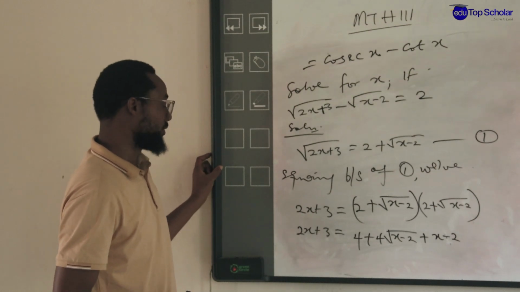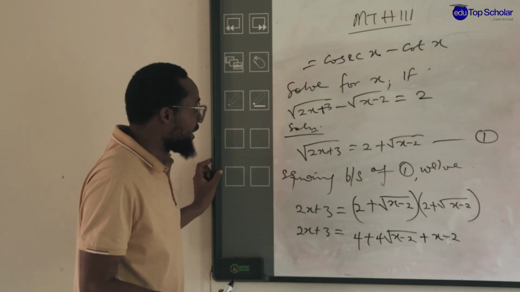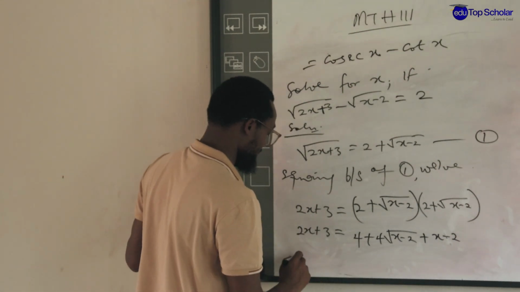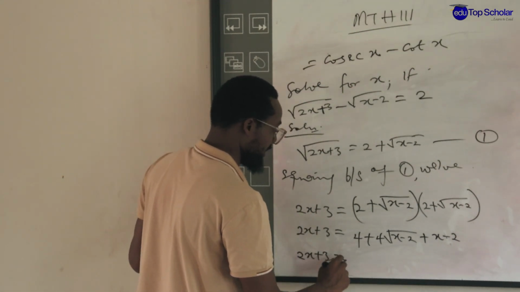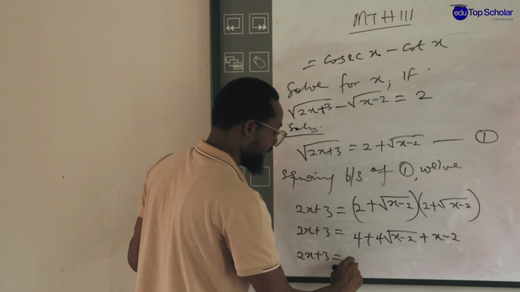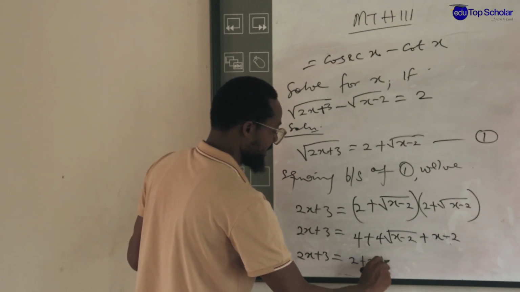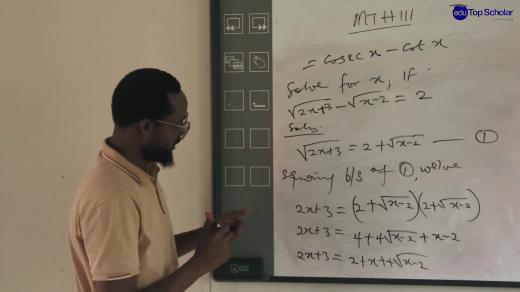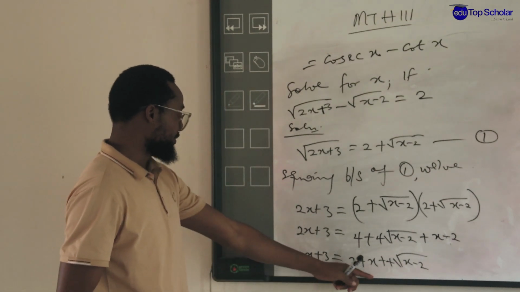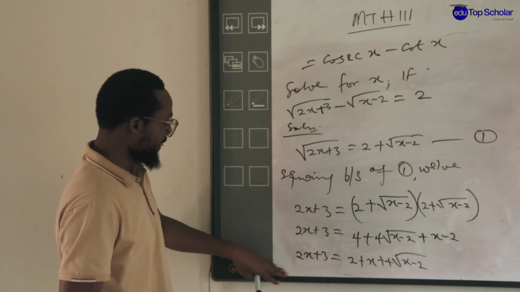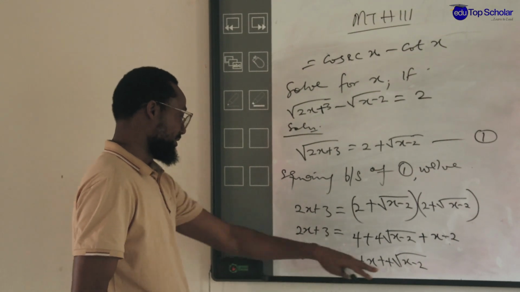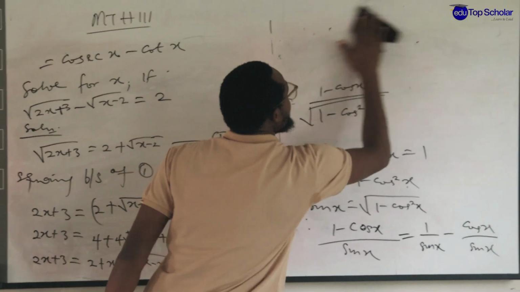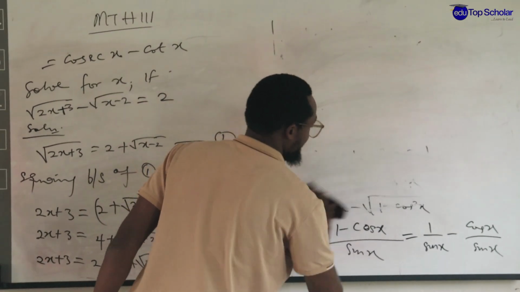So we are reducing the surd now. We can now collect like terms. We have 2x plus 3 equals 4 minus 2 plus x plus 4 root x minus 2. I can collect like terms and put all the normal variables aside, leaving only the surd on the right hand side, so that we can perform the next operation.